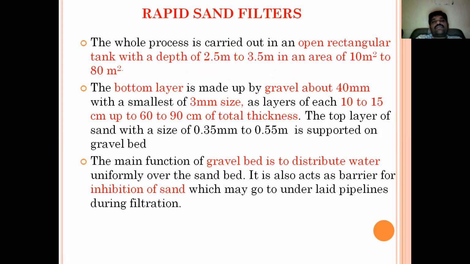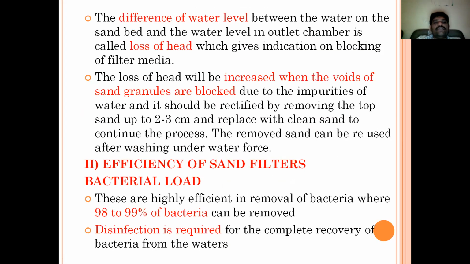Whereas in slow sand filters, we have seen that 2 to 3 centimeters of sand has to be replaced, washed and dried, and the same sand replaced in the bed. Otherwise, after taking off 2 to 3 centimeters of sand, the gap is fixed with either new sand or the same sand after drying and washing, for the efficiency of the sand bed.